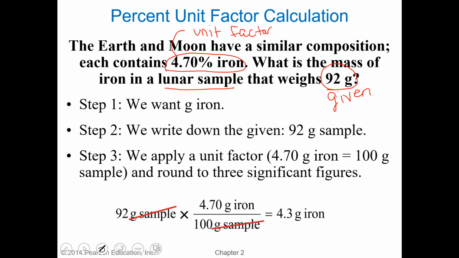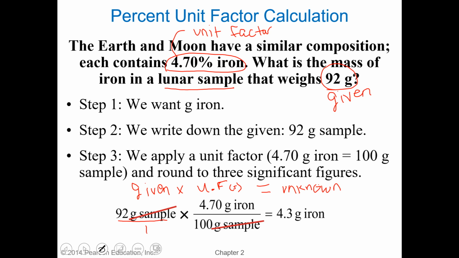Remember, our setup is always given times the unit factor or factors. Sometimes there's going to be more than one like we saw in the last video. And that's going to equal our unknown or our asked for. Okay, so in this case, remember we like to put it over 1 so it looks like 2 fractions.